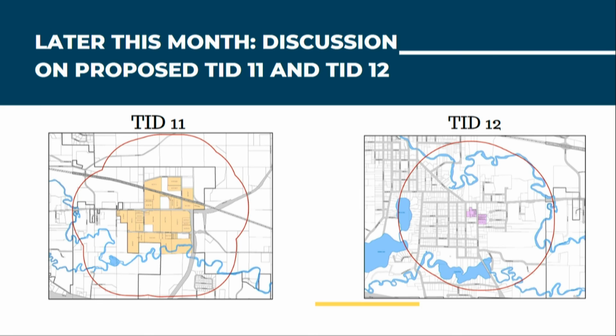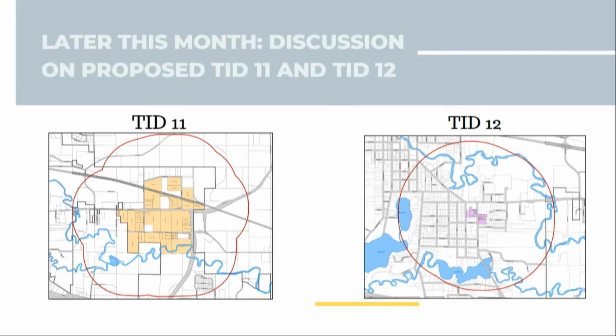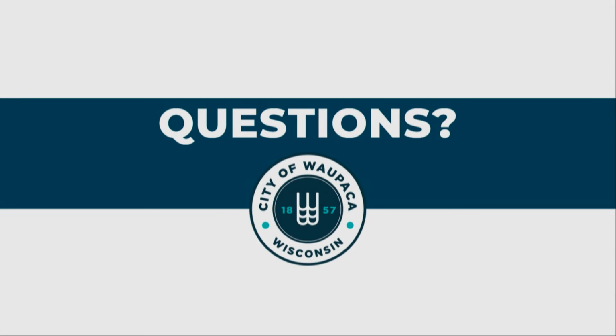It's on the north side of Churchill Street, a few parcels there that we believe would need TIF assistance for potential redevelopment opportunities. The base value on that TID would be much less, but we'll get into that next week. And that's all I have.